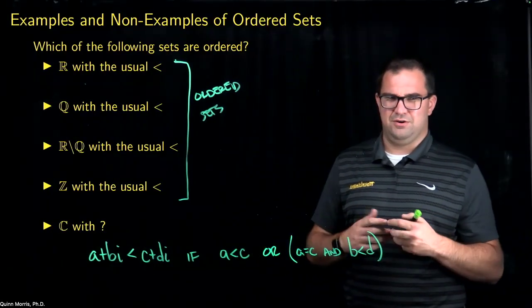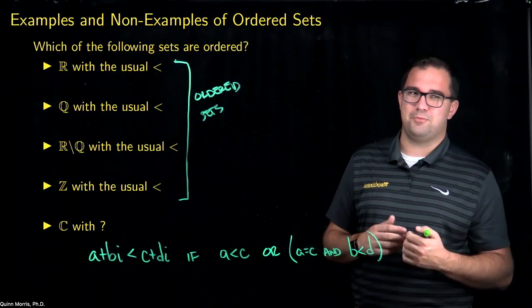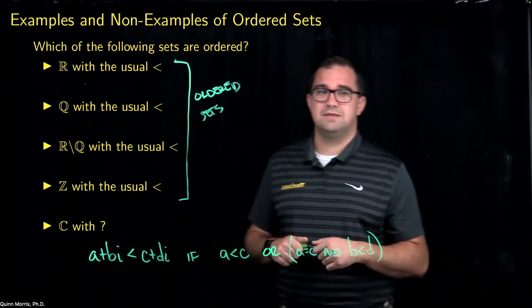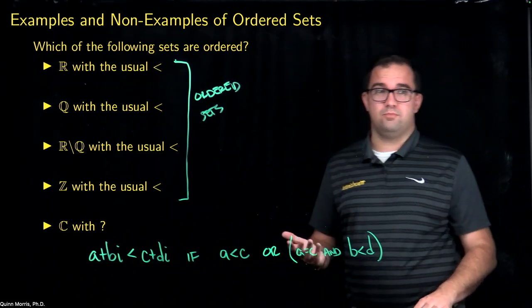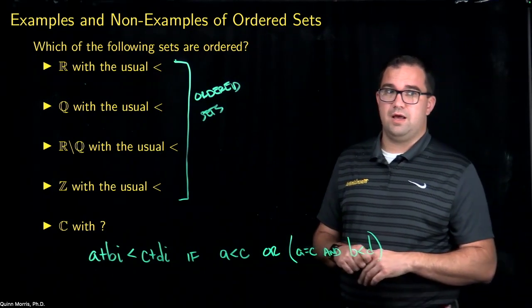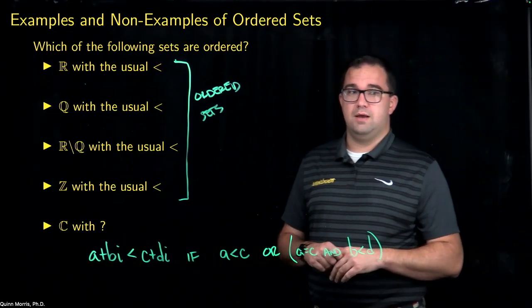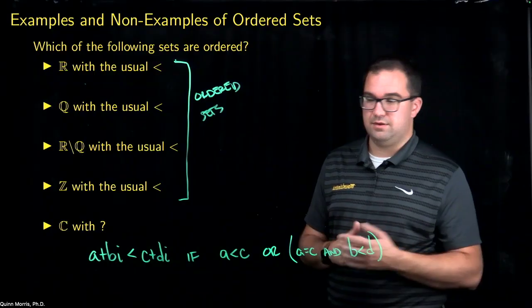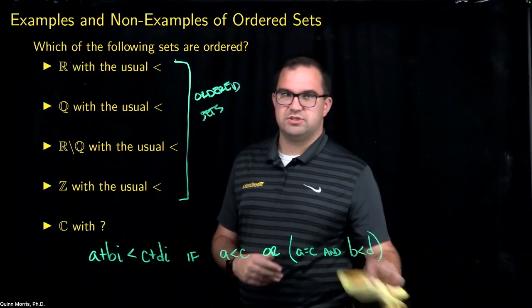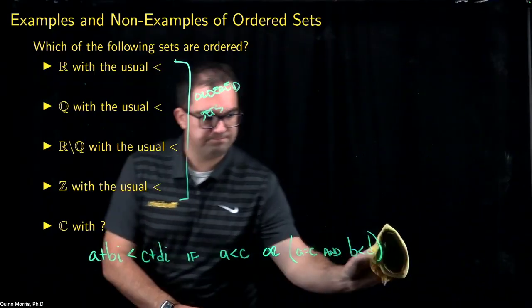I will say, however, there are a lot of problems with this order. It's not particularly good for doing analysis, so we don't make use of it that often. But if you want to learn more about this, this is called lexicographic ordering. You can also use this to order vectors or ordered pairs in the plane. So it's an interesting example of an order.